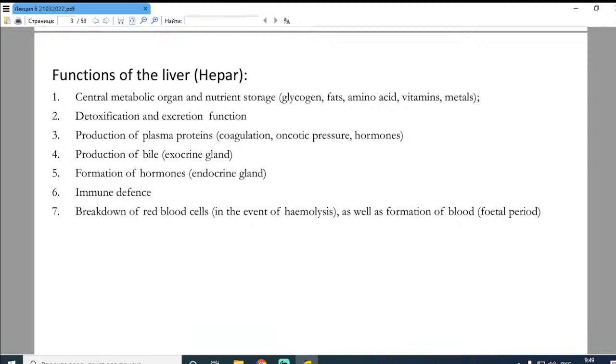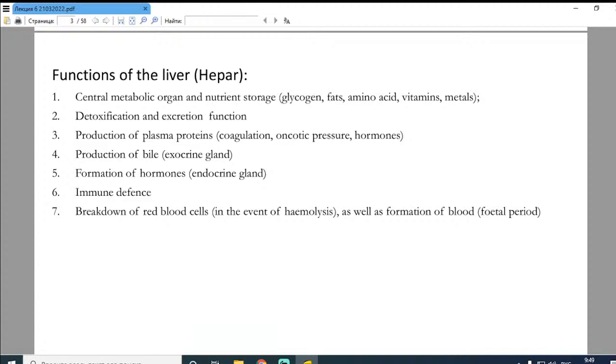Functions of the liver. Central metabolic organ and nutrient storage: glycogen, fats, amino acids, vitamins, metals. Detoxification and excretion function.